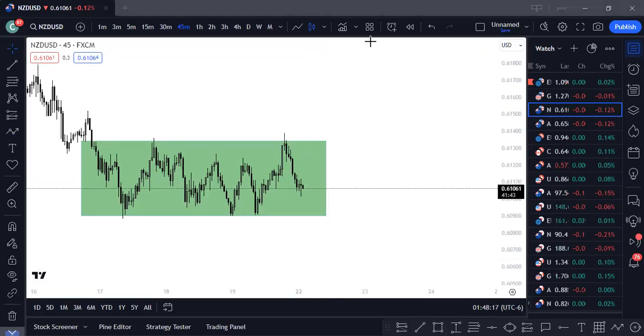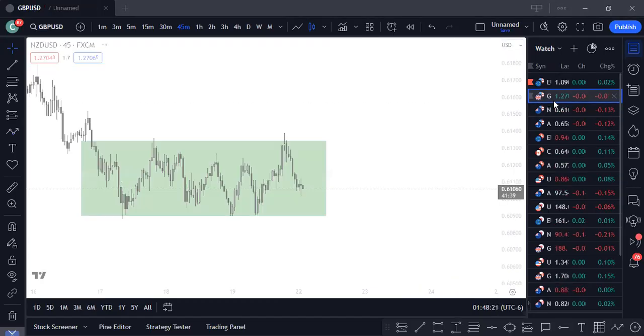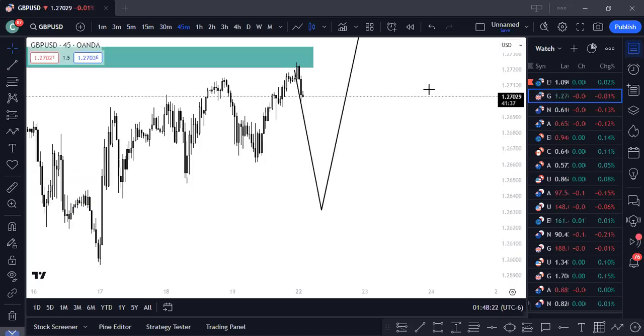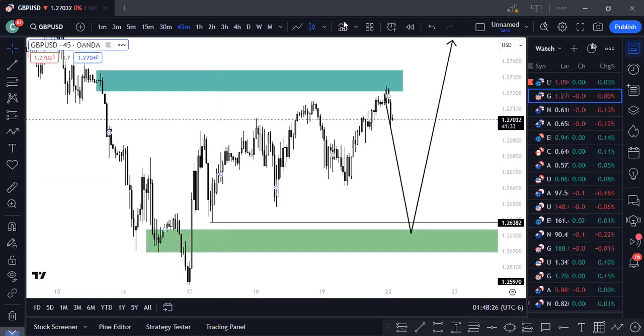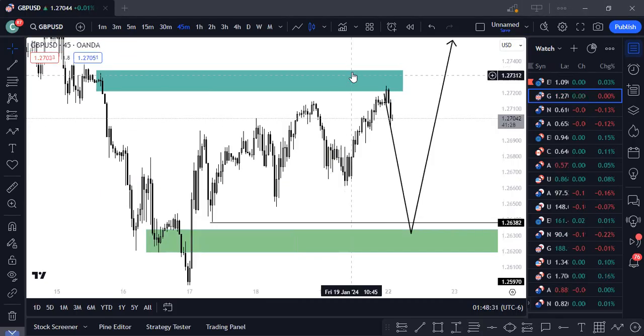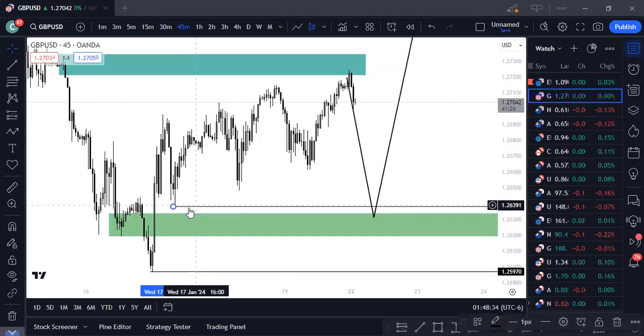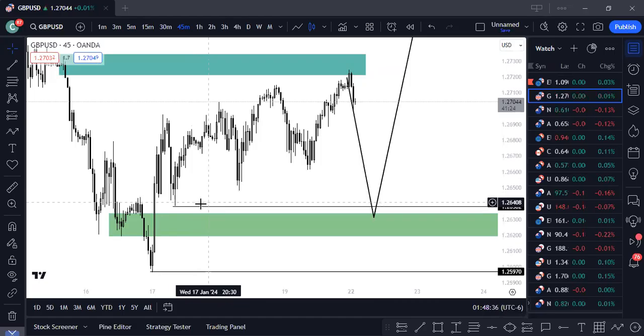Set of the advanced market structure on the what? Can you please check GU? Where is it? Is it a buy or a sell? You mean this?